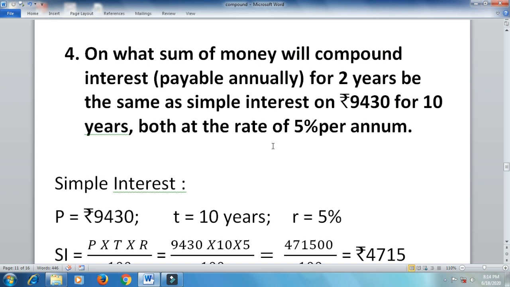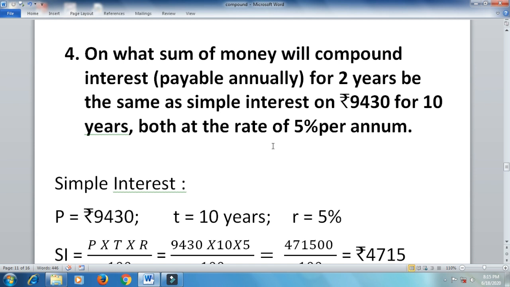In simple interest, we know the principal, the rate of interest and the term. This simple interest should be equated to the compound interest payable for 2 years at the rate of 5%. You can divide this question into two parts.